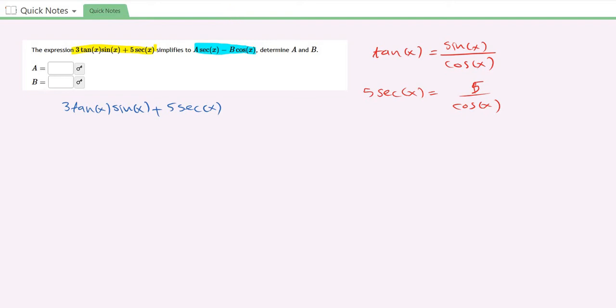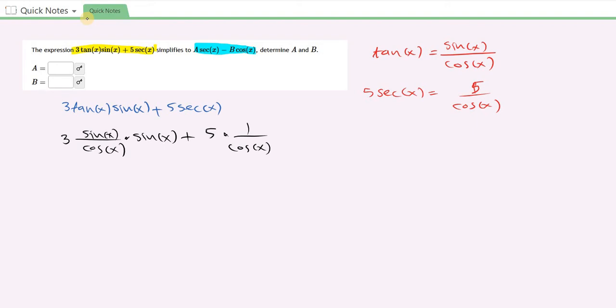So now we're going to convert tangent into sine x over cosine x times sine x from the original expression, plus 5 times 1 over cosine x, which is basically secant, just like I wrote here.